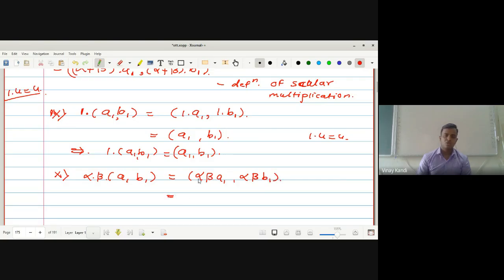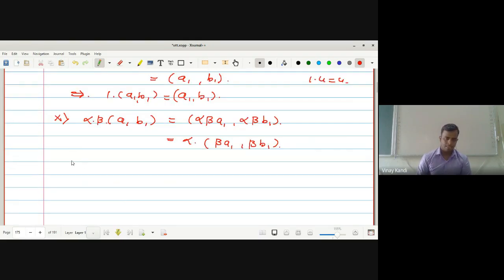Taking alpha common, we get alpha into beta a1 and beta b1. So this implies alpha beta into a1 b1 is equal to alpha into beta into a1 b1.